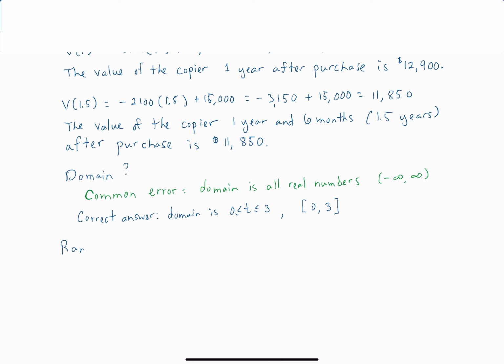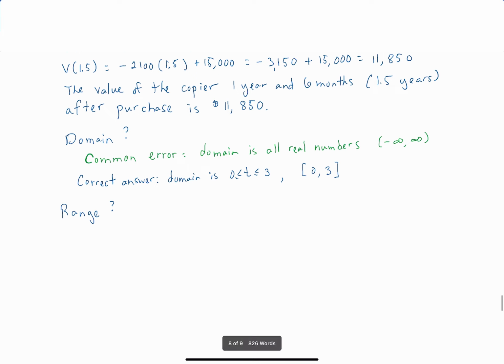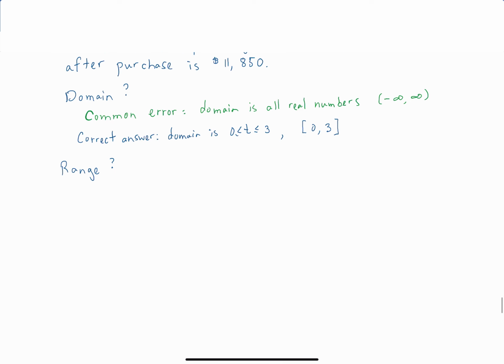Now, what about the range? Remember, I said that for the range, we have to look at the graph. So let's think about what the graph would look like. Fortunately, this is a linear function.